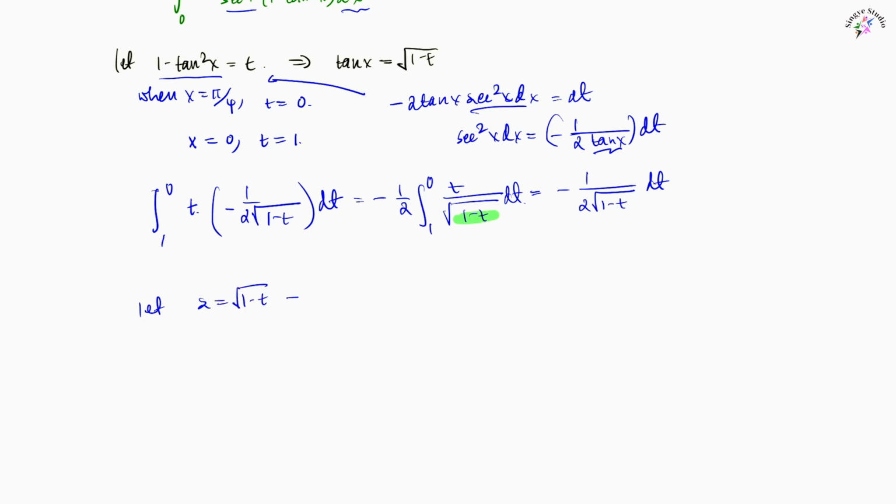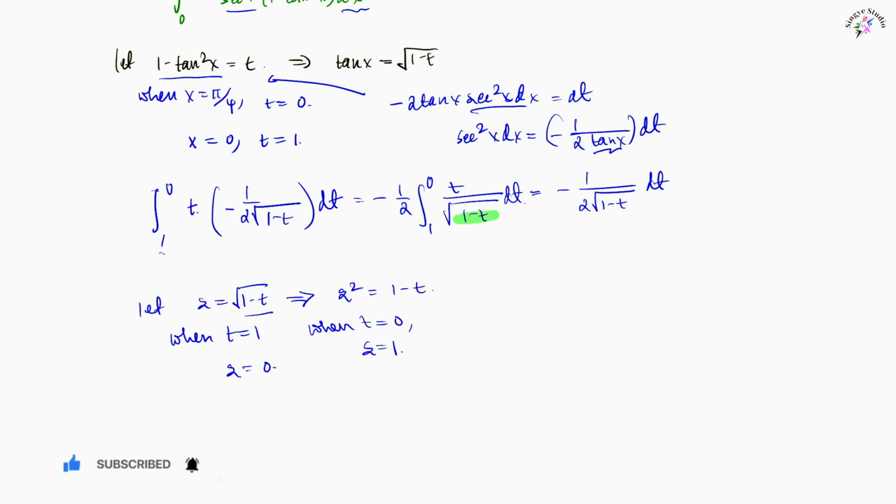So s squared equals 1 minus t. Here also we have to take care of the limits. When t equals 1, s will be root of 1 minus 1, so it will be 0. And when t equals 0, s will be root of 1, so it will be 1.